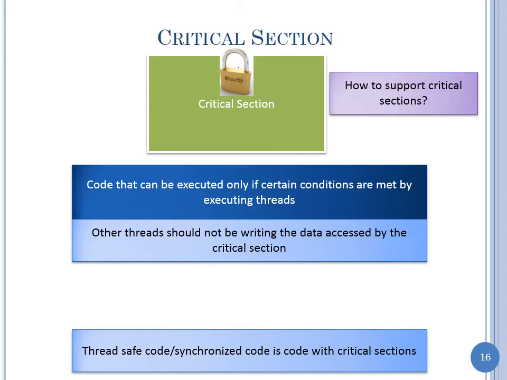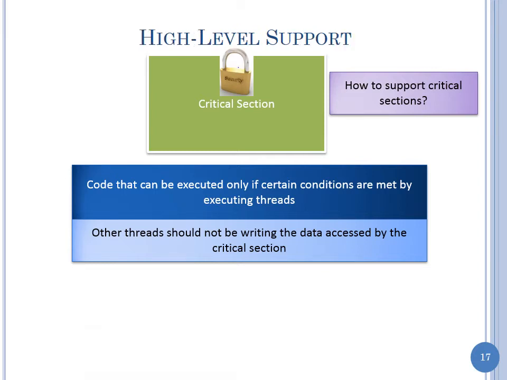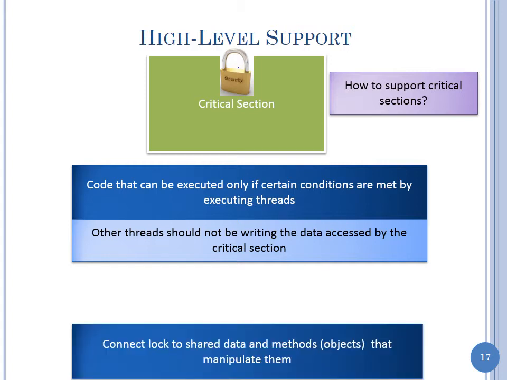Okay. So a question is how to support critical sections, and those of you who've done OS have probably seen many mechanisms. The solutions can be low level, they can be efficient or not efficient, and in Java it's a high level solution and it's efficient, and we connect this lock that I said a critical section has to the data and methods that manipulate them.